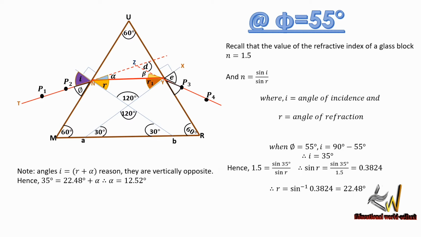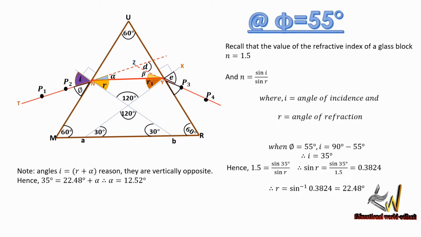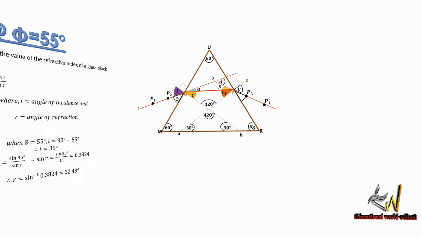Now from what we said previously, the angle of incidence I is equal to the sum of the angle of refraction plus alpha. Reason: they are vertically opposite angles, hence alpha will be 35 minus 22.48, which is equal to 12.52 degrees.